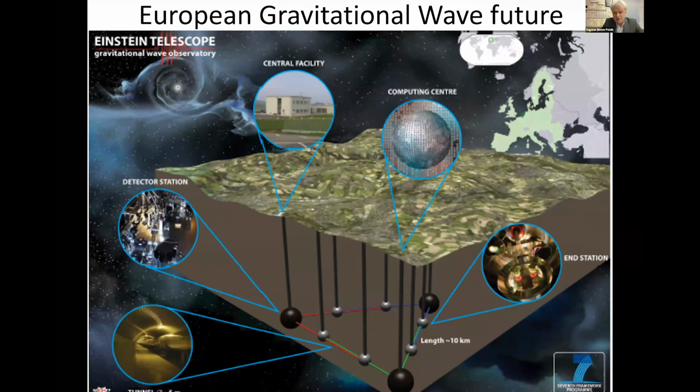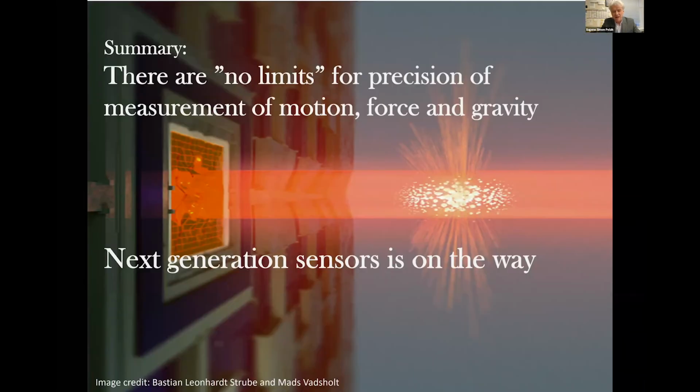And as you all know, there is the Einstein Telescope, the European response to LIGO, the gravitational wave detector in the drawings. So I'm sure we will demonstrate the principle before this thing is built, but we'll see what happens.